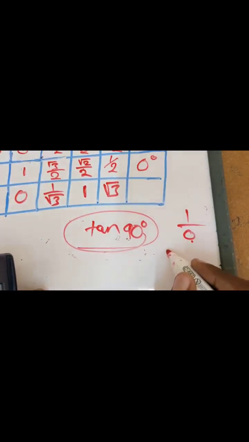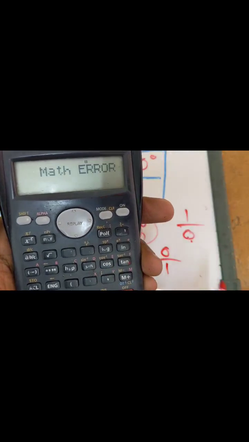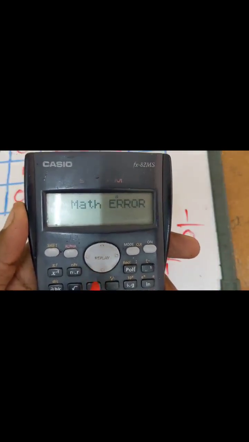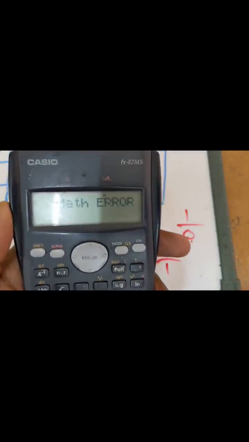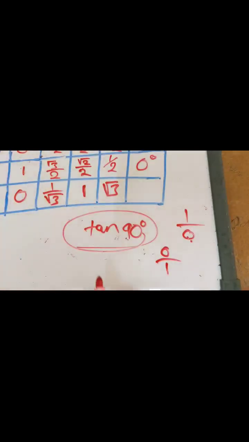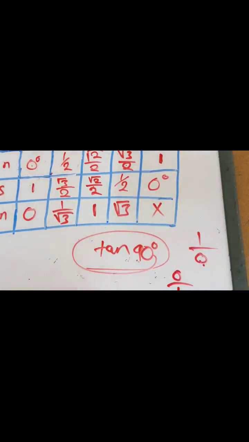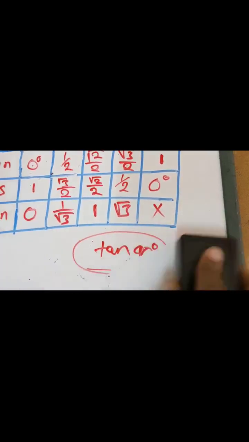Let's try 1 divided by 0. Are we going to have an answer? It is math error. So there is no tan 90, and that is how you can find this.